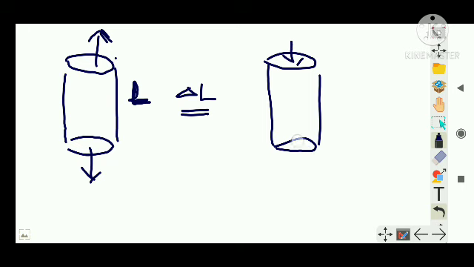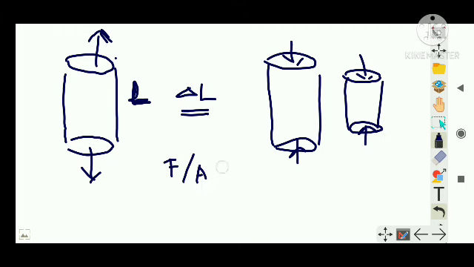I compress it like this, I applied a force, so it shrinks, right? Again the length itself is changing. So what is stress here? It is force per unit area itself. This is longitudinal stress.